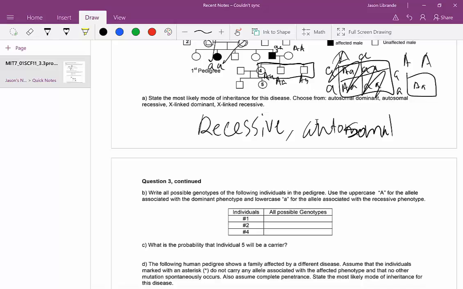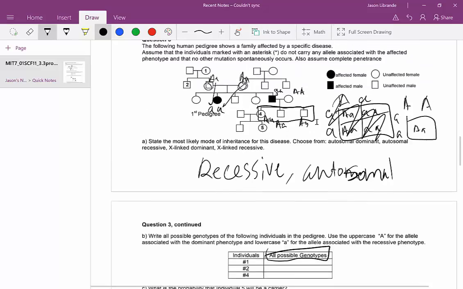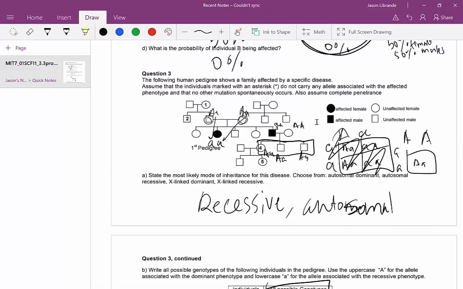So for this question, they actually put all possible genotypes. So there's going to be some information that we just can't determine from this pedigree. So the genotypes of individuals 1 and 2, we can't be quite sure what they are based on this disease being autosomal recessive. So this person here could be homozygous dominant, or they could be heterozygous.